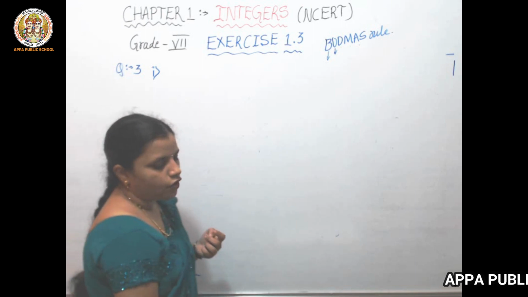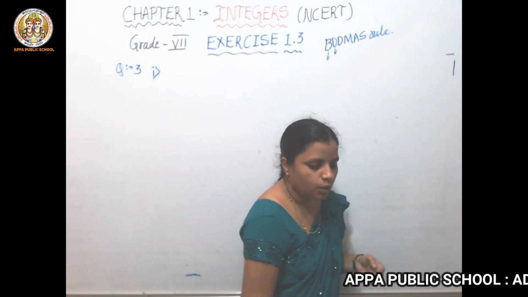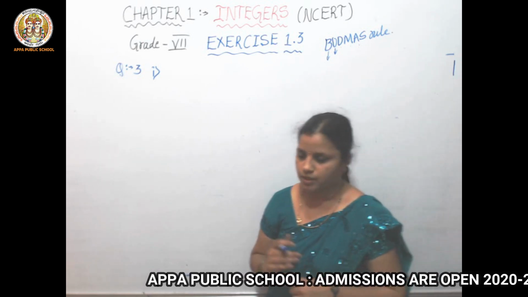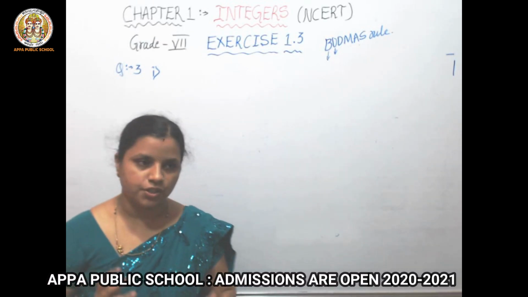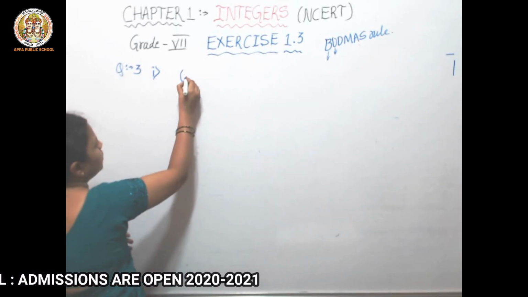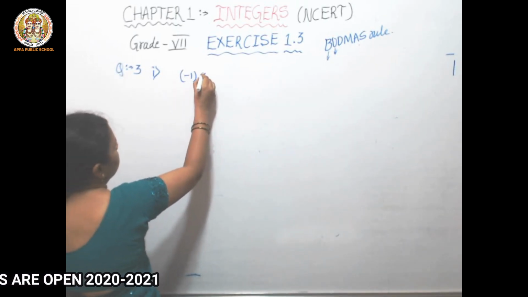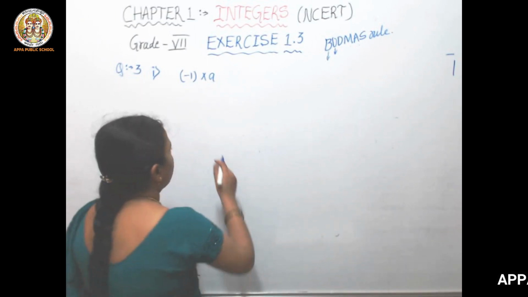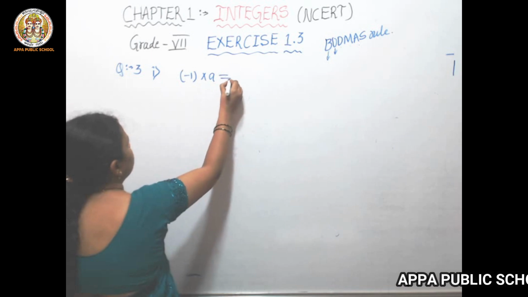First one: for any integer a, what is minus 1 into a equal to? What is the question? For any integer a, what is the product of minus 1 into a? This is the question.